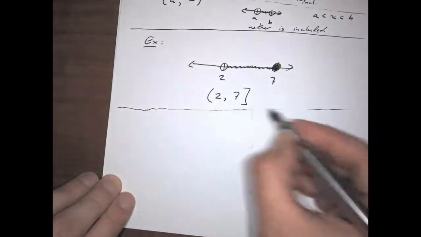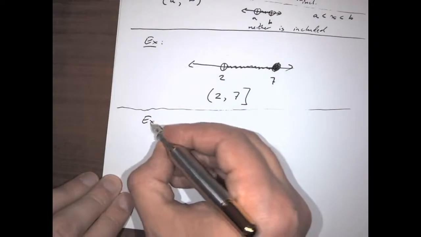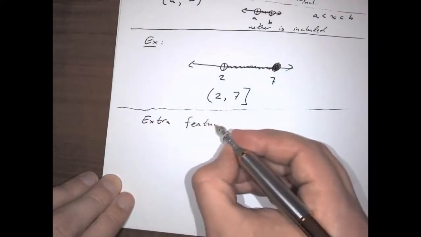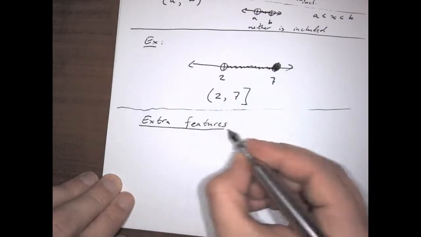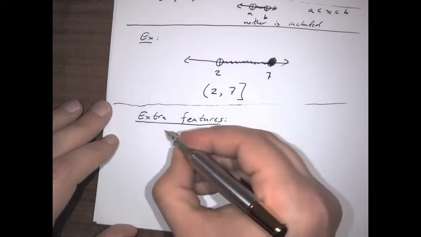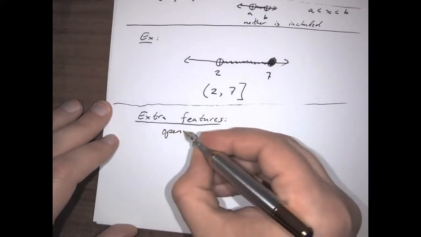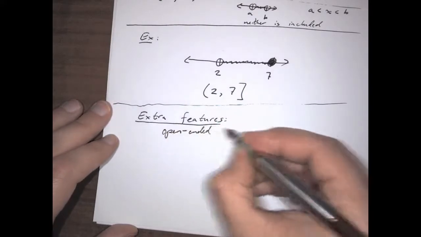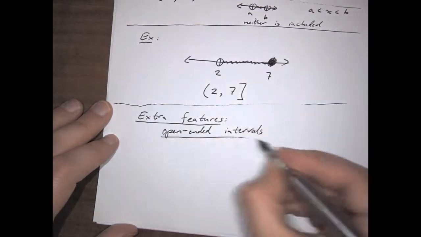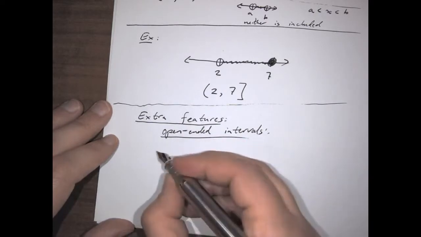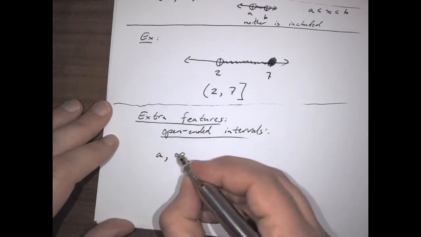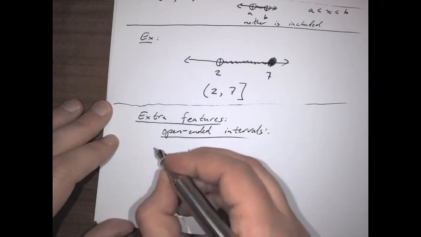So we can have open-ended intervals. And the way those look is you can have a number A and you can go up to infinity.